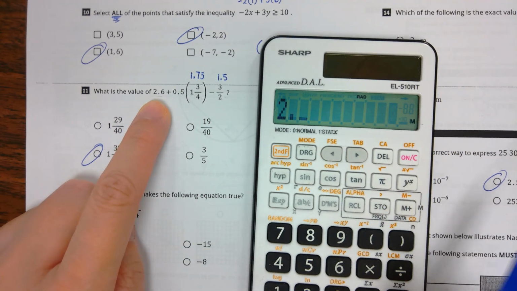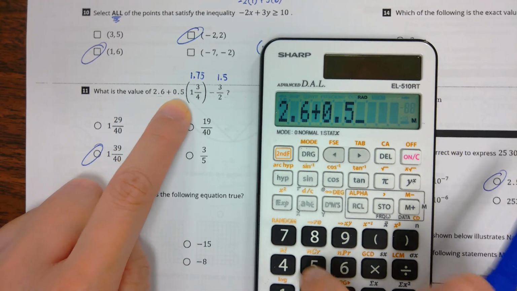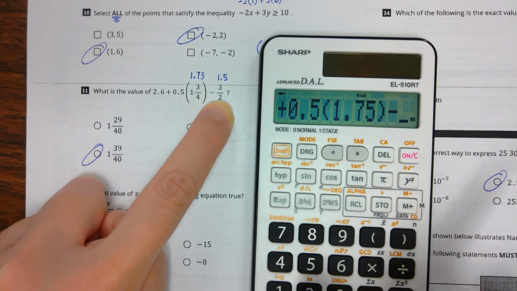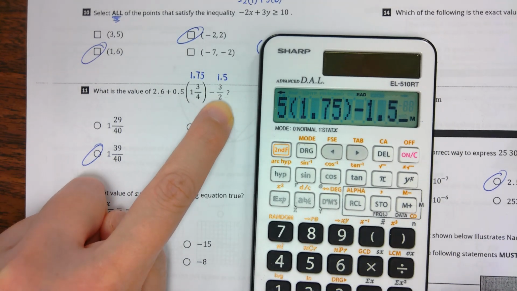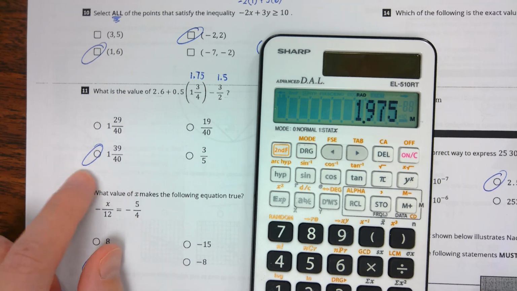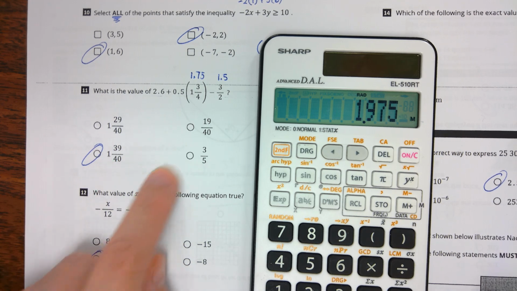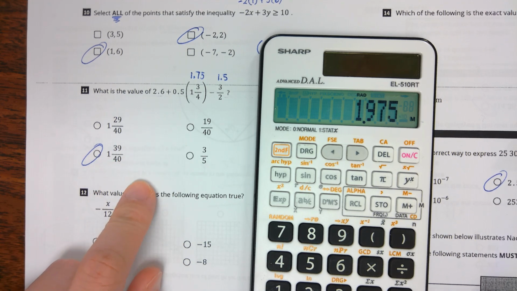So 2.6 plus 0.5 bracket 1.75, close the bracket, minus 1.5. Okay, and I get 1.975.